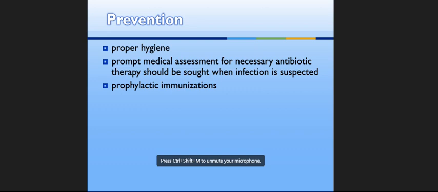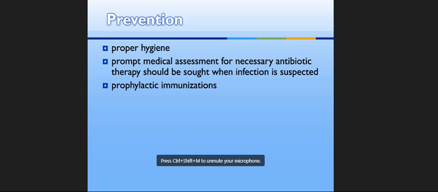To prevent the condition, prevention as much as we can. We have to maintain proper hygiene of the body, especially the urinary system, to prevent any infection or any non-hygienic condition.